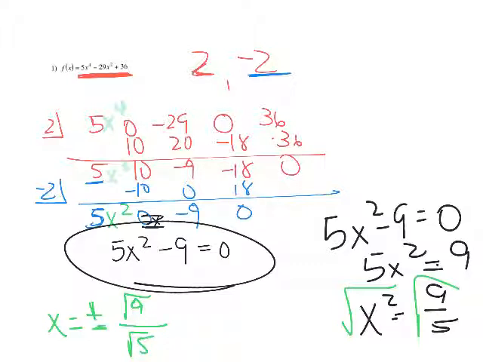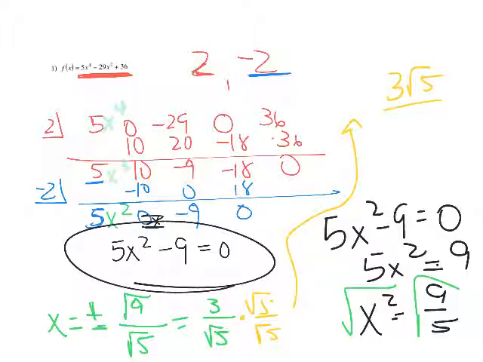The square root of the numerator is a 3, so you have 3 over radical 5. You absolutely have to rationalize that, so multiply by radical 5 over radical 5. In the numerator you get 3 radical 5, and in the denominator, radical 5 times radical 5 is radical 25, which is 5.